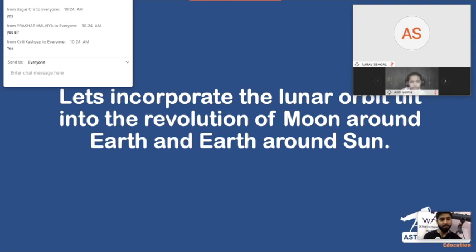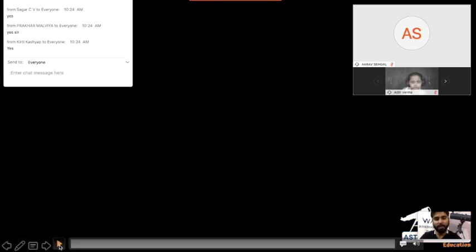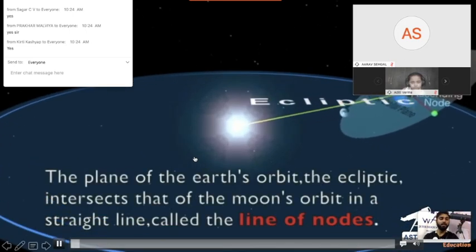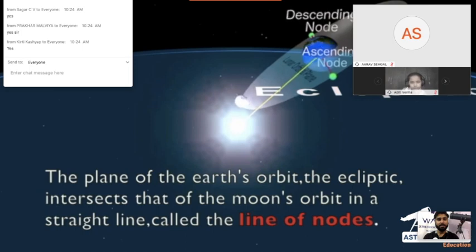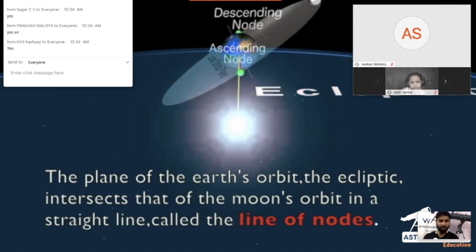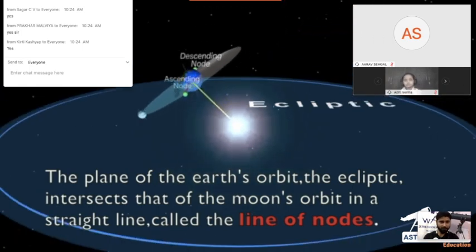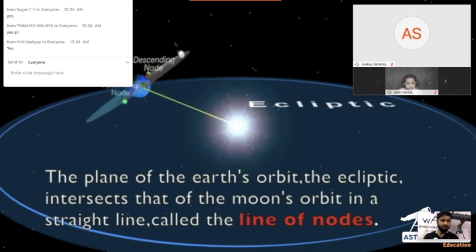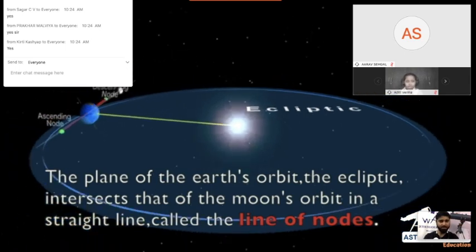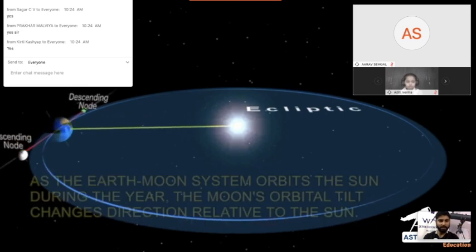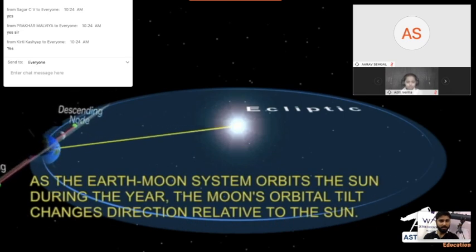So let's see a video where the moon is going around the earth and the earth is going around the sun in a slanted manner, right? Now if you see, because the moon's, earth's and sun's planes are different, you can see there are 2 points mentioned, the ascending node and the descending node. Can you see this?